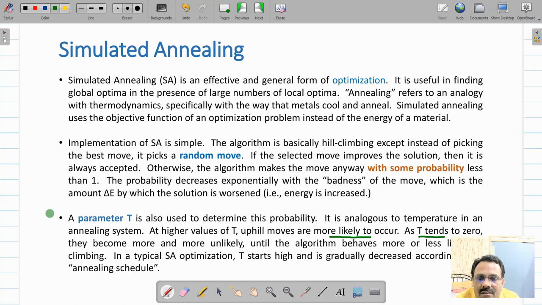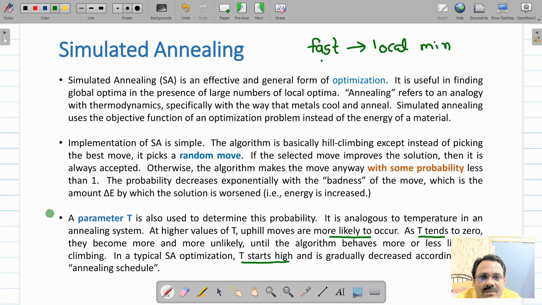In a typical simulated annealing optimization, T starts high and is gradually decreased according to an annealing schedule. Defining the annealing schedule is very important, because the process of finding the global optimum point is very sensitive to it. If the annealing is very fast, then there are chances that you will get caught in a local minimum point.